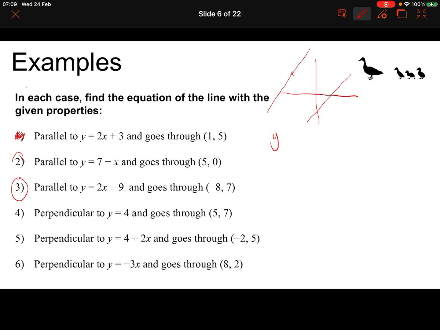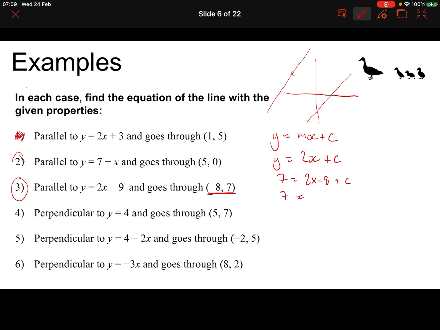So I know my equation must be y equals mx plus c because it's a line. And I know it's parallel to the other line, y equals 2x minus 9, so it's got the same gradient. What I don't know is where it's going to intercept the y-axis, but I can substitute in because I know my new line passes through this point. So if x is -8, y is 7.